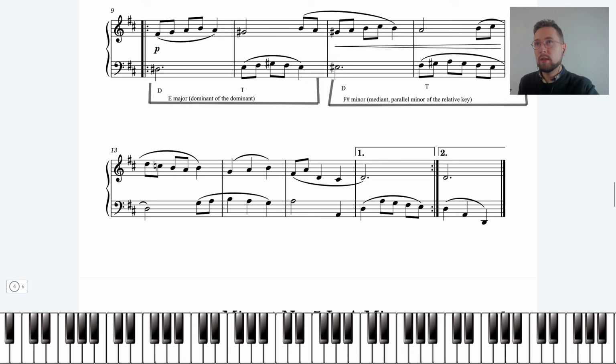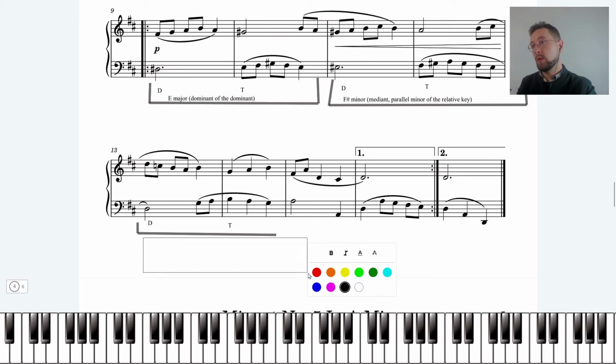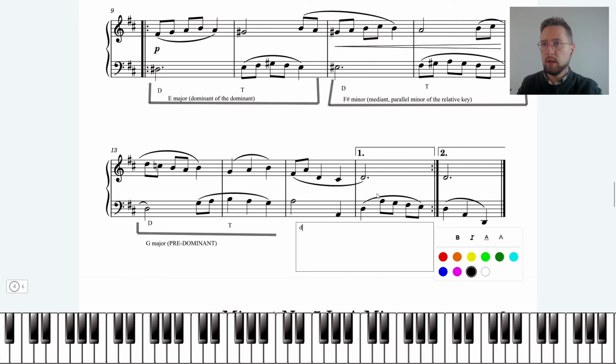Now after this, there's yet another repetition. It's much looser, but it's featuring clearly the dominant and the tonic. And this time, if we had first E major, then F sharp minor, the next one is G major. So G major is the predominant that basically is used to arrive to the dominant and tonic at the end.